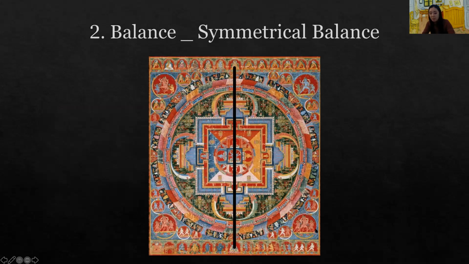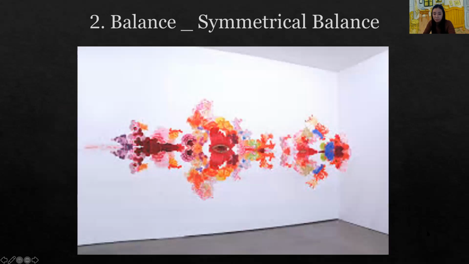This is called symmetrical balance. And here's another example. There is an imaginary horizontal axial on the center of this image, and the top part of the axial corresponds to the bottom part. So this is a symmetrical balance work of art.